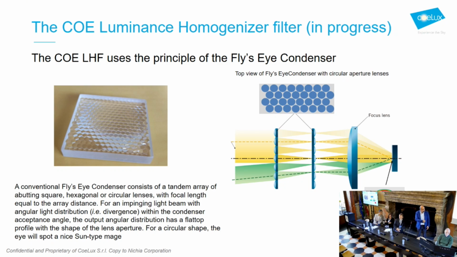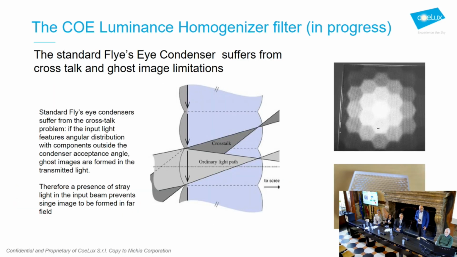The output of this filter is independent of the direction. So many LEDs shining light in many directions create the same output. So the lens guide creates this image here, which is actually the shape of the lens. So this is a single circle like the sun. One could apply this concept, but unfortunately, this device is sensitive to crosstalk.